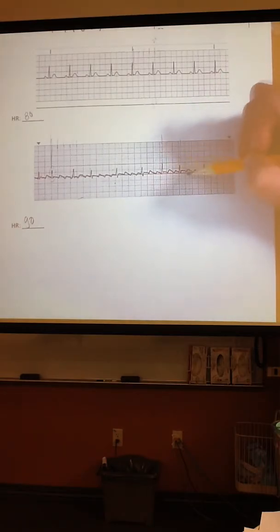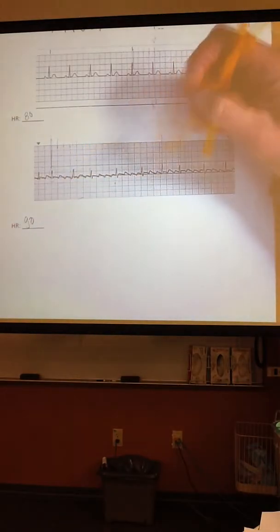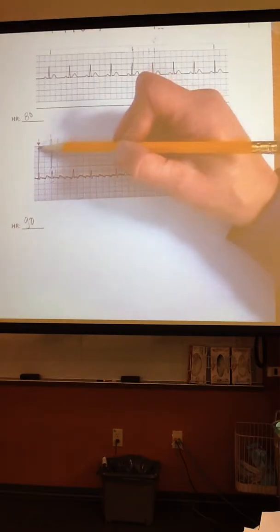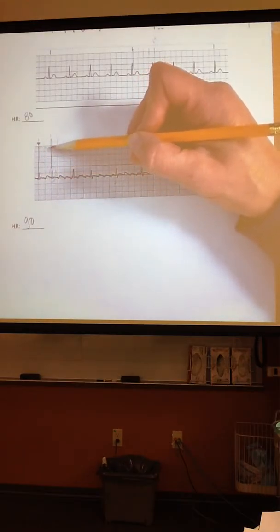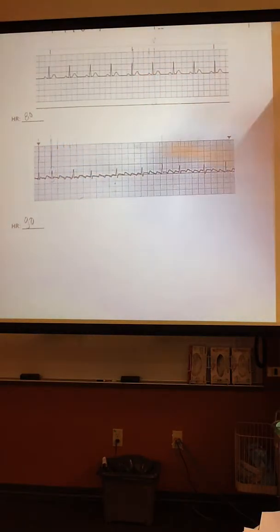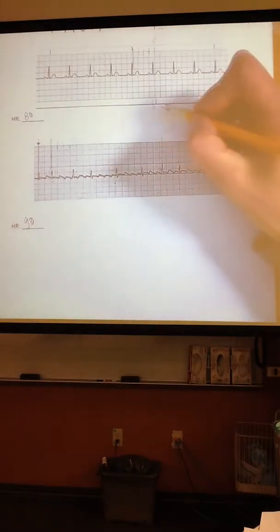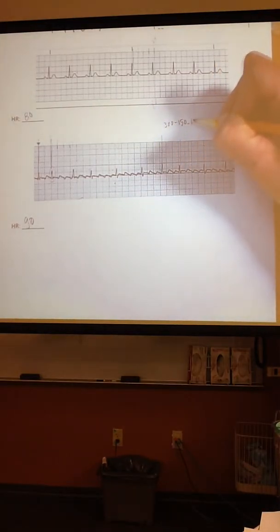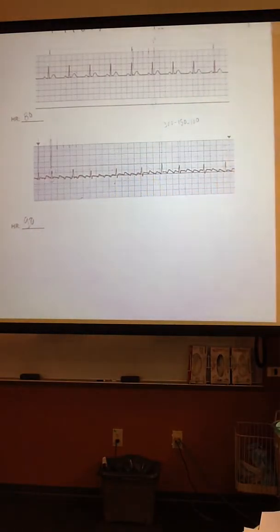That's a lot higher, and that's different than 90. What if we go from here to here? 300, 150. The heart rate here is 150. Because this is irregular, we were unable to use the 300, 150, 100 method, and instead we resort to counting, which works just fine.